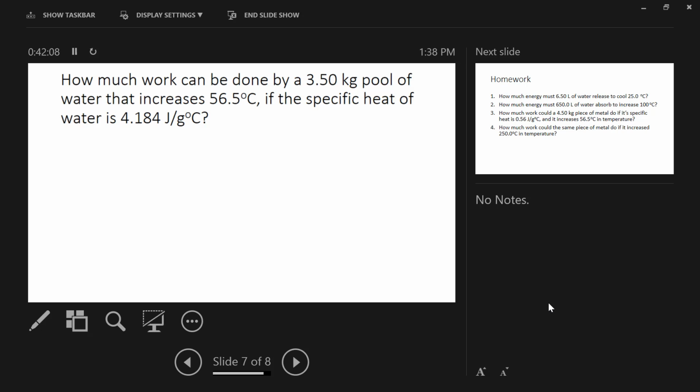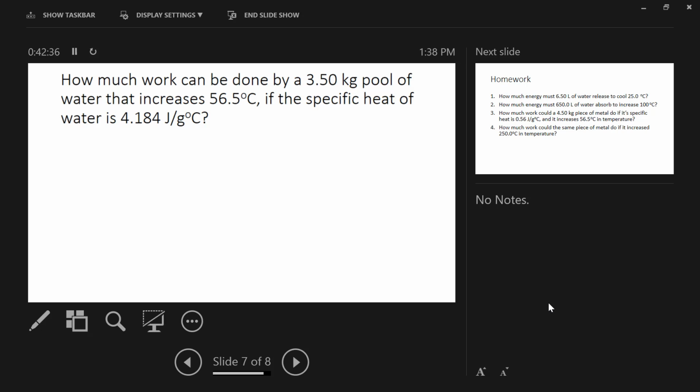So they're all set up that way. But what I want to show you is just algebraically how you can manipulate this tool to be able to solve for any piece that you might be asked to do in the future. All right? So here's our tool here. Work is equal to mass times specific heat times the change in temperature.